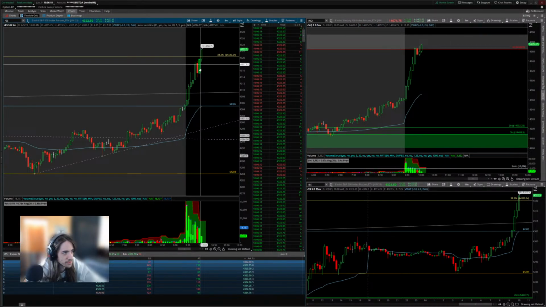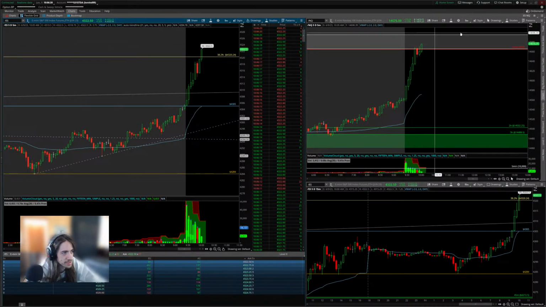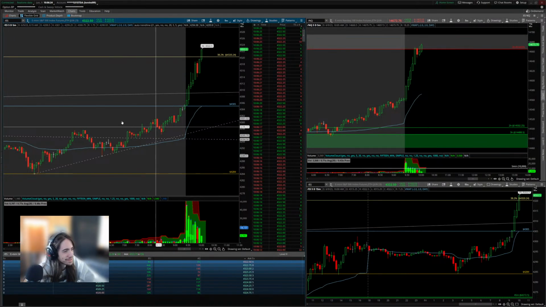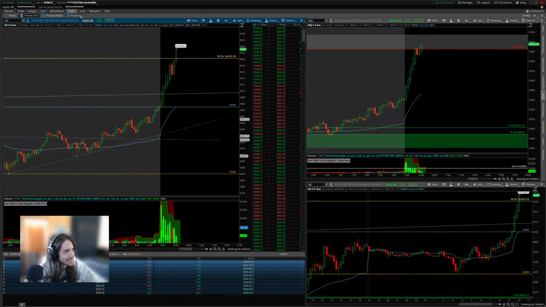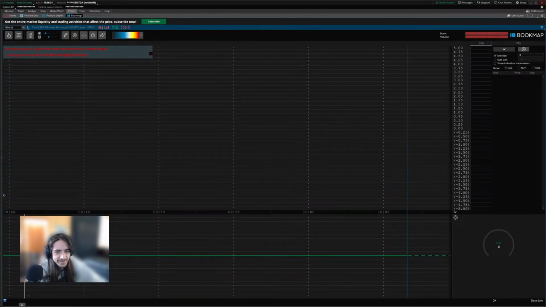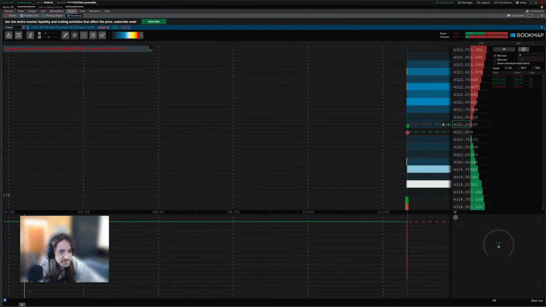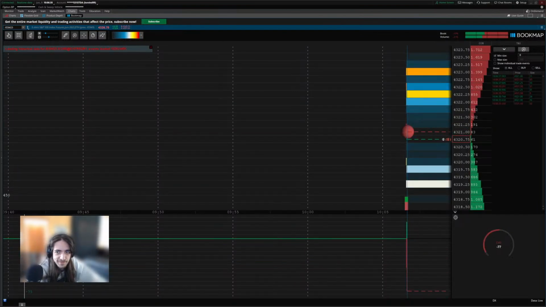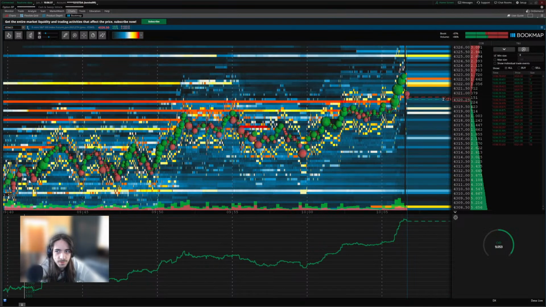All right, so we had that rally, base, and rally, so that did continue. That did work out. Again, I'm still not taking it short. I don't know. Check what Bookmap looks like.